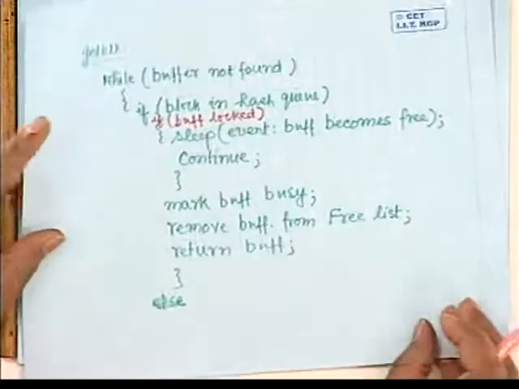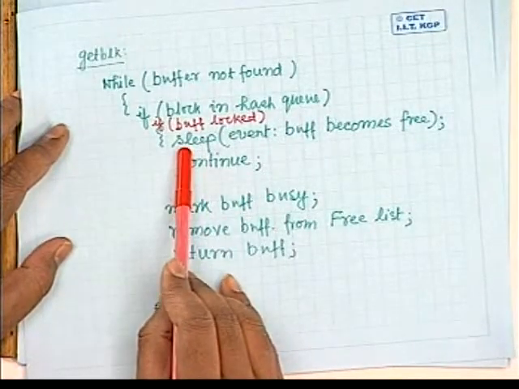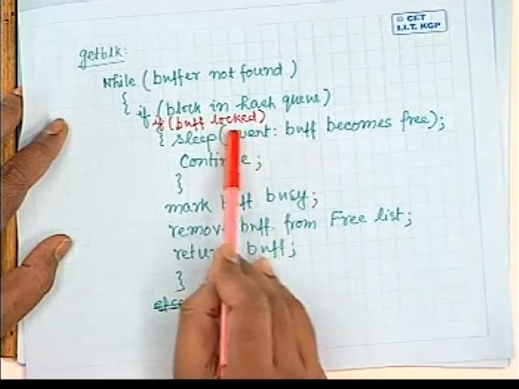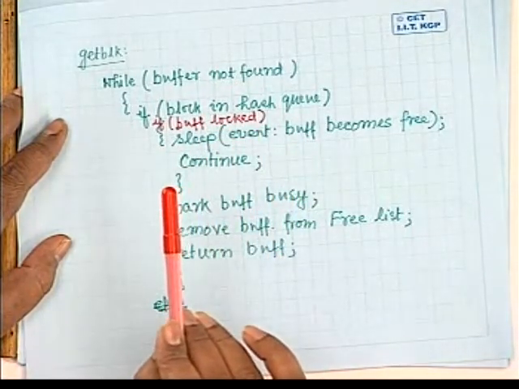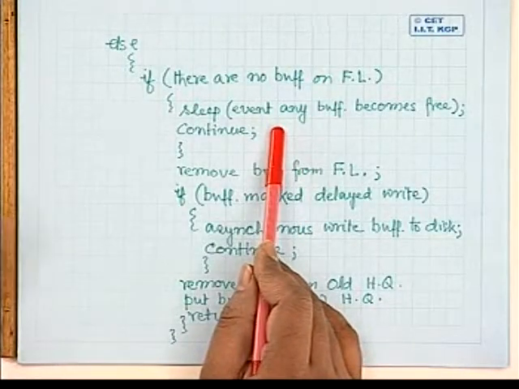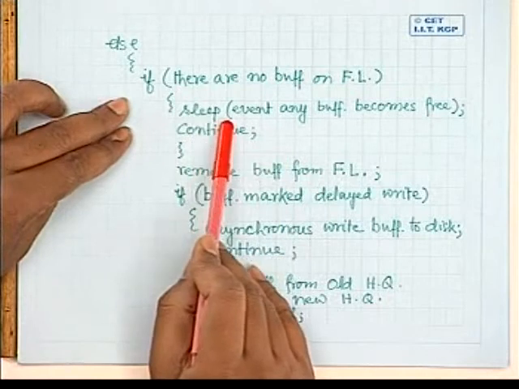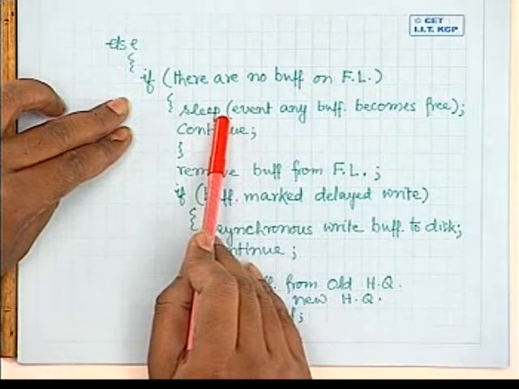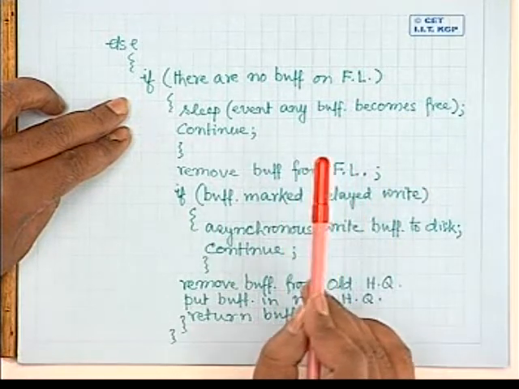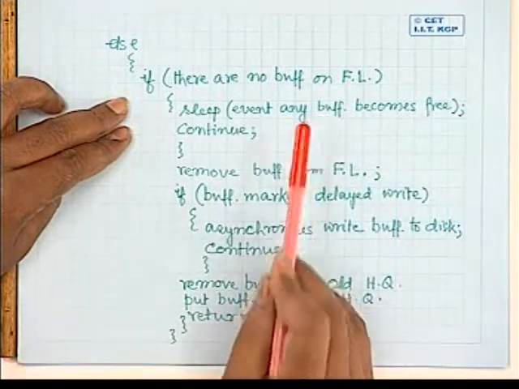In the previous case, the process had gone to sleep mode and it will sleep until this particular buffer becomes free, because that buffer contains the requested data. In this case, there is no buffer which contains the requested data. So now the process has to go to sleep mode, and it will be in sleep mode until any of the buffers becomes free, because any buffer becoming free is sufficient, since that buffer will be overwritten by the new block. Okay.